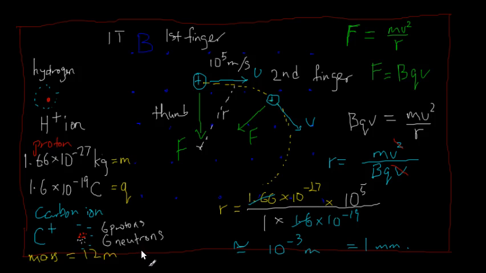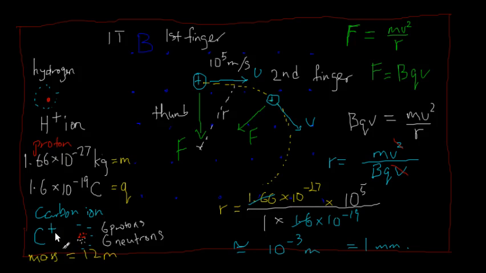So instead of shooting a hydrogen ion into this magnetic field with a speed of 10 to the power 5 meters per second, I'm going to shoot in a carbon ion, which is 12 times heavier, at the same 100,000 meters per second speed. And this time I want to calculate the radius for the carbon ion.